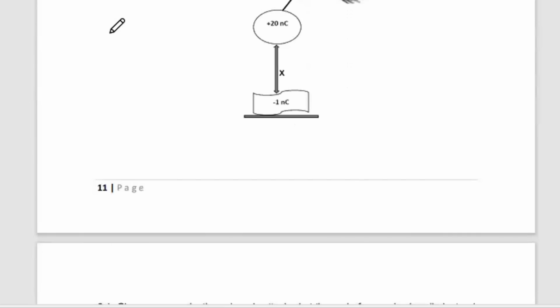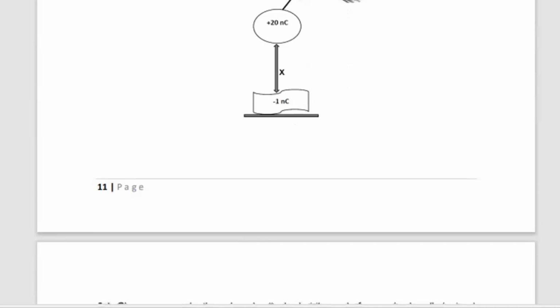Then question number 6, they're telling us a charged sphere at the end of a wooden handle has a mass of 40 grams and carries a charge of positive 20 nanocoulomb. A learner brings the sphere close to a tissue paper of 0.5 grams and a charge of negative 1 nanocoulomb.